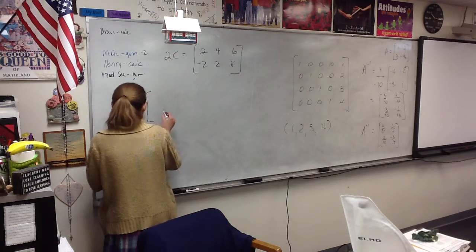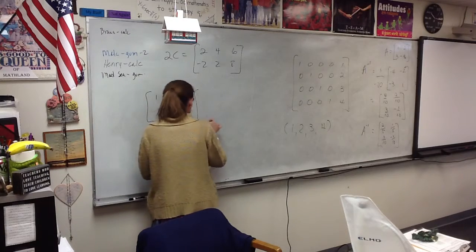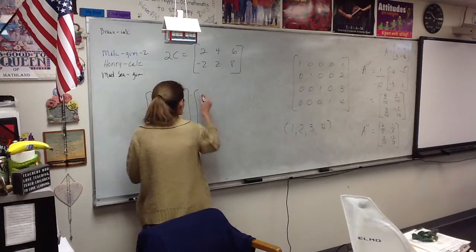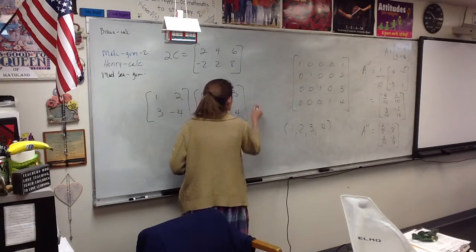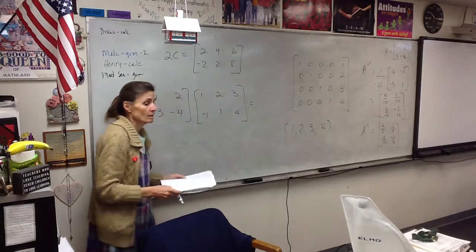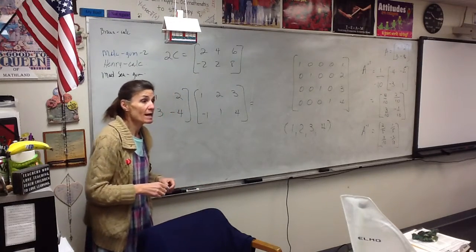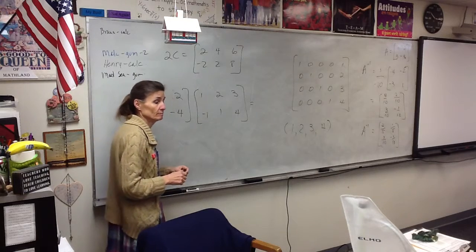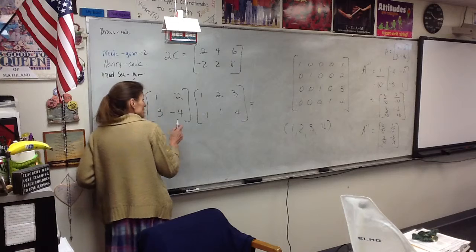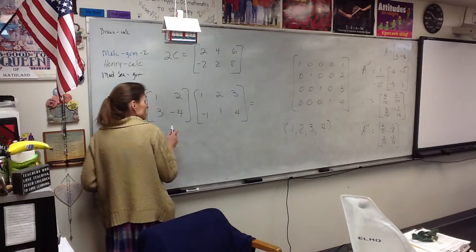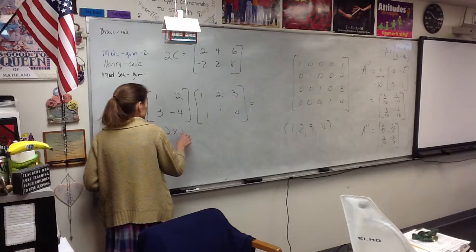3 is a multiply problem. It says multiply A times C. Now before you jump in, you better make sure you can. In order to determine if it's possible, we need the dimensions. What are the dimensions of this one? 2 by 2.